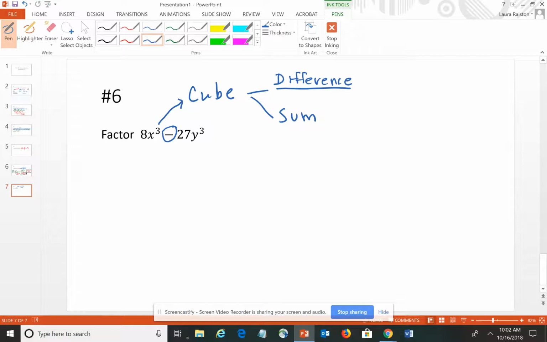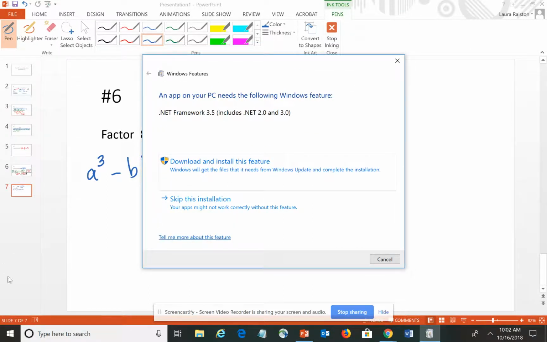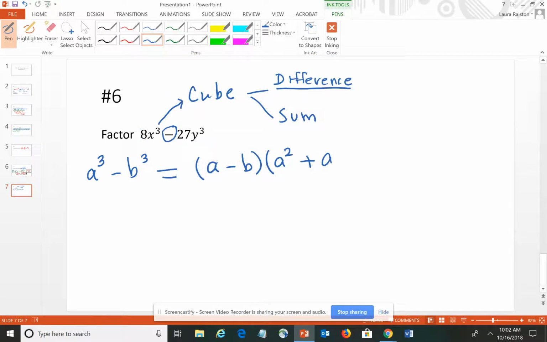And it's a formula. So remember, if you have a cubed minus b cubed, it factors into a minus b times a squared plus ab plus b squared.